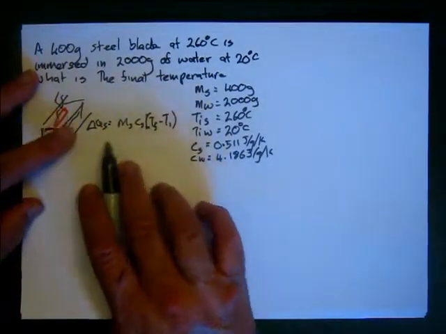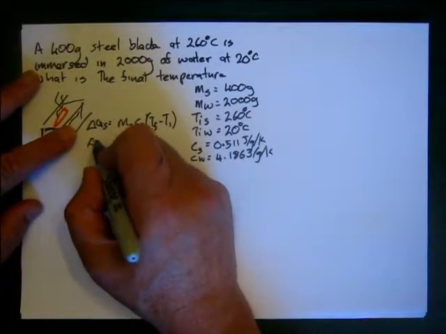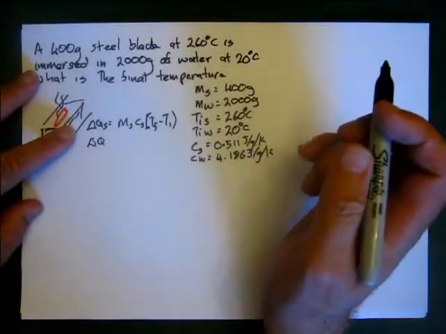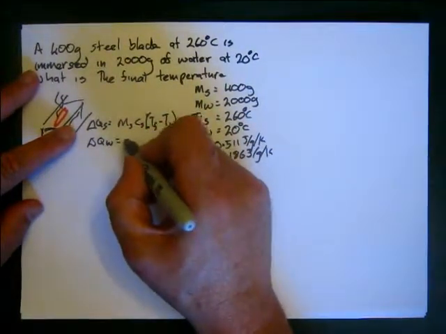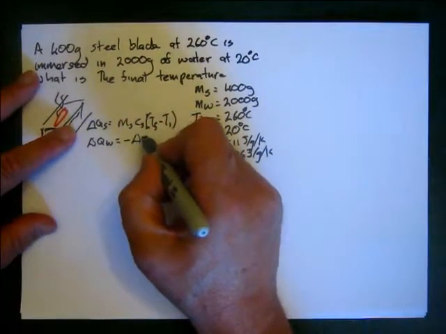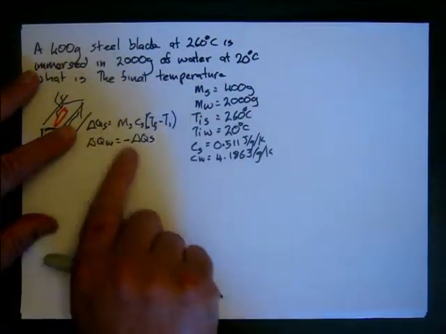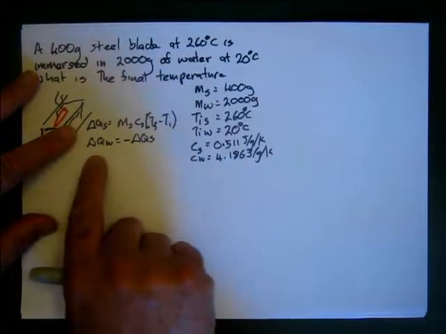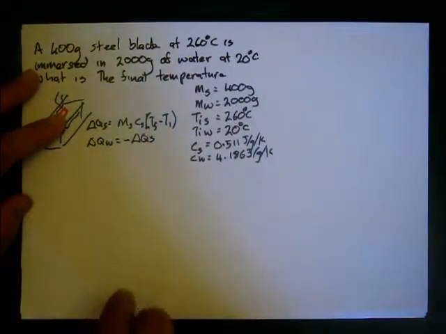But the change in heat in the water is going to equal the opposite of the change in heat in the steel. So any heat in the steel must go into the water. That's what we've said. We've set it up as an adiabatic reaction.